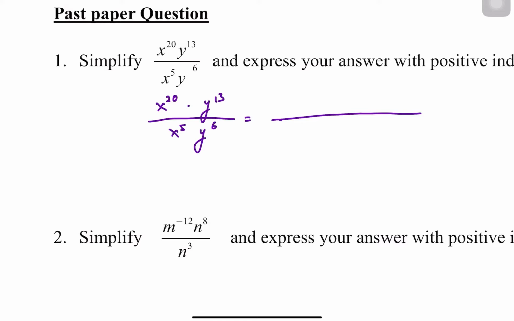In your mind, what is the meaning of x to the power 20? That means there are 20 x's multiplied together. And then there are 13 y's multiplied together. And then there are 6.